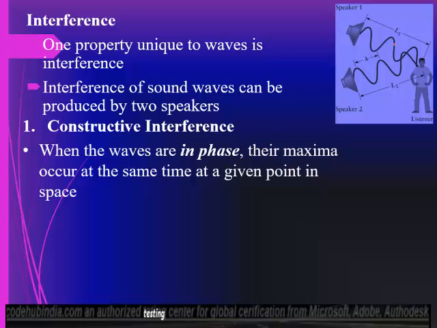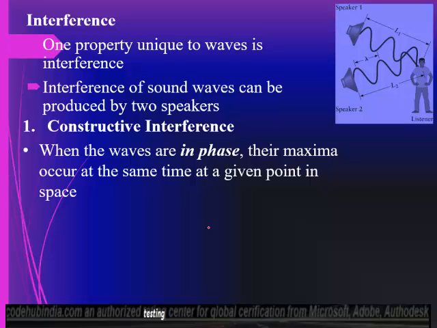Suppose we are considering a wave that is increasing at a certain rate, and this one is also increasing in the same direction, not in the reverse direction. It is in the positive first quadrant, and when decreasing, it is also decreasing. Lambda is the wavelength, okay. So both are in the same phase. Then it is constructive, with a positive amplitude.